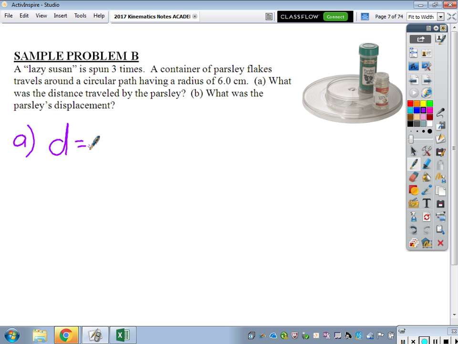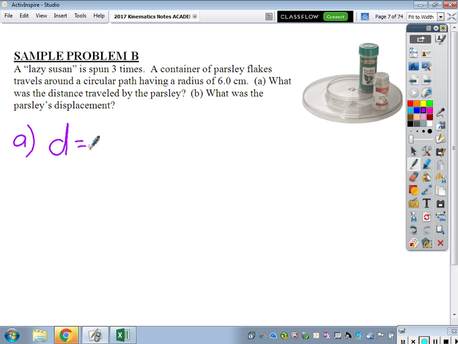Now, thinking back to math, is there some equation that we know that might help us to understand the path these parsley flakes travel as they go around the outside of a circular path? The circumference equation would help us. Okay? What is the circumference equation?